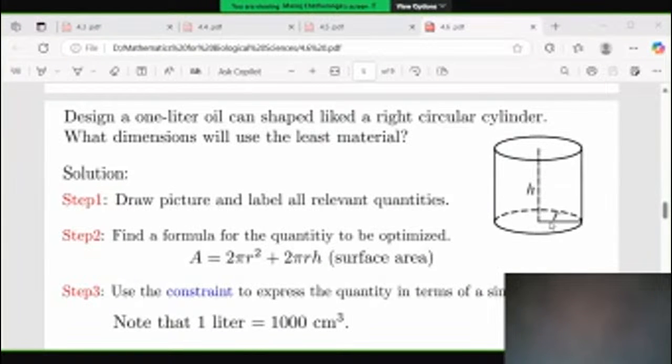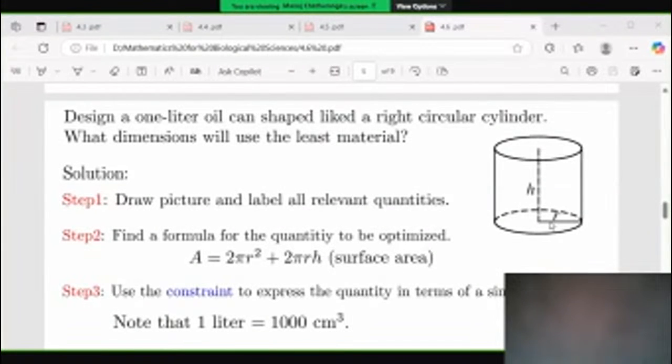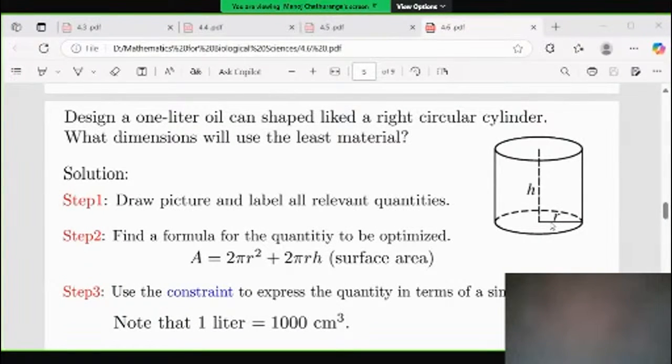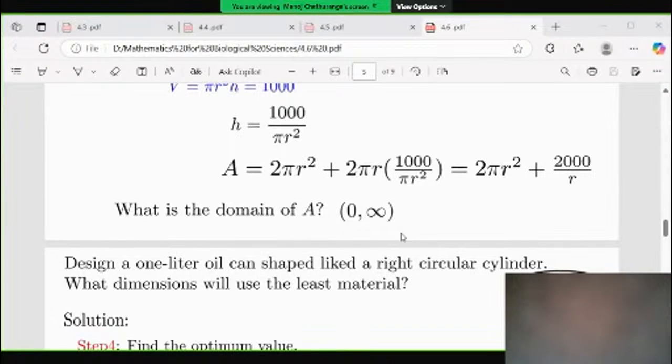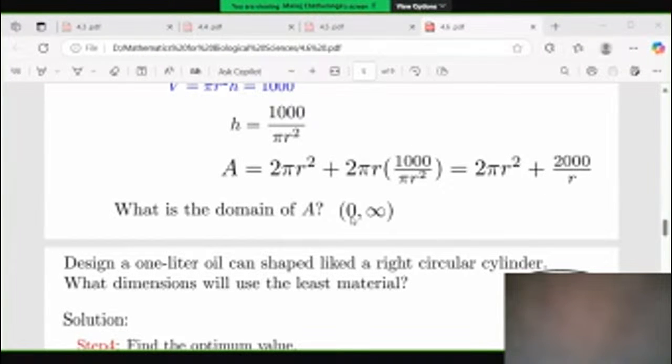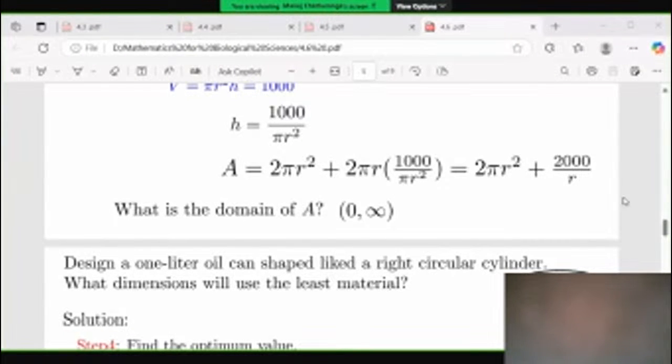The cross section will be very small, but by taking a very large height, like a very tiny cylindrical tube, we can still get the same volume, right? So the smallest value that R can reach is 0, but not 0, because you see here R is in the denominator, so R cannot be 0. If R is 0, there won't be a can and there won't be a volume.